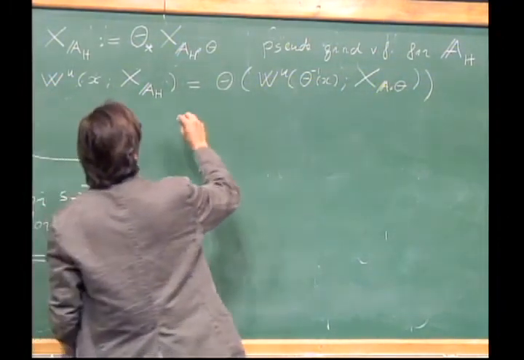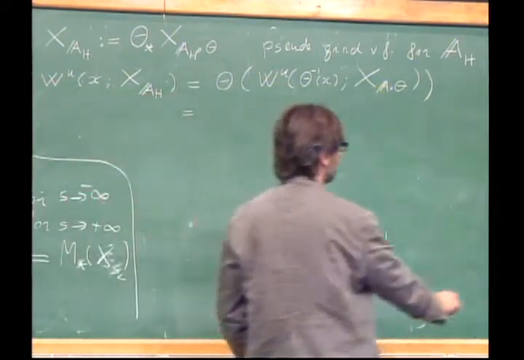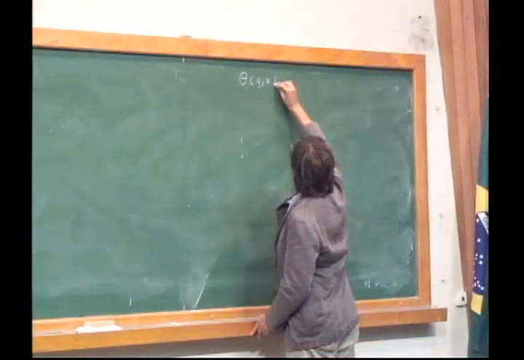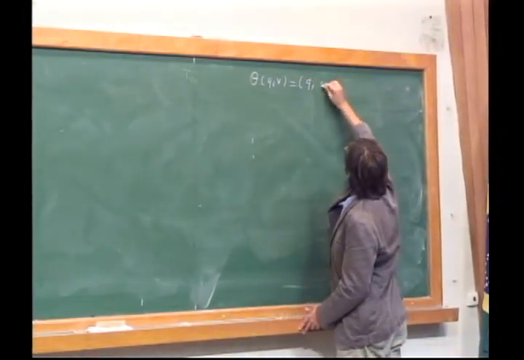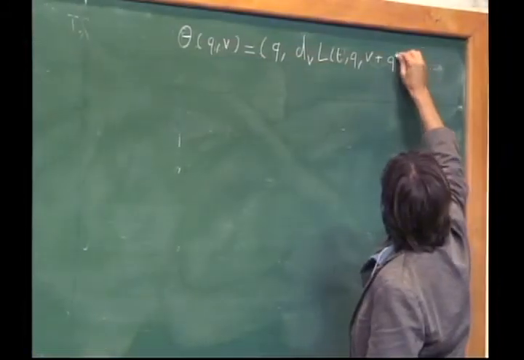And so, what is this? Maybe I should write somewhere the definition of theta. So recall that theta of (q, v) was (q, d_v L(q, v)), p(q, v) plus q dot.